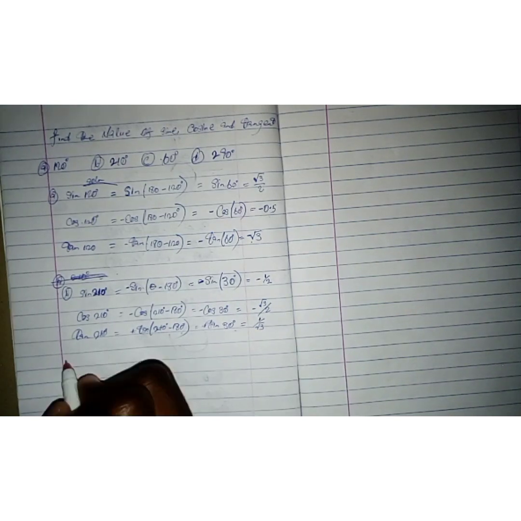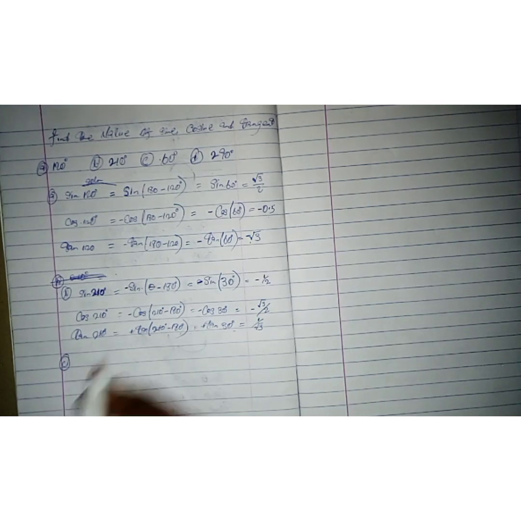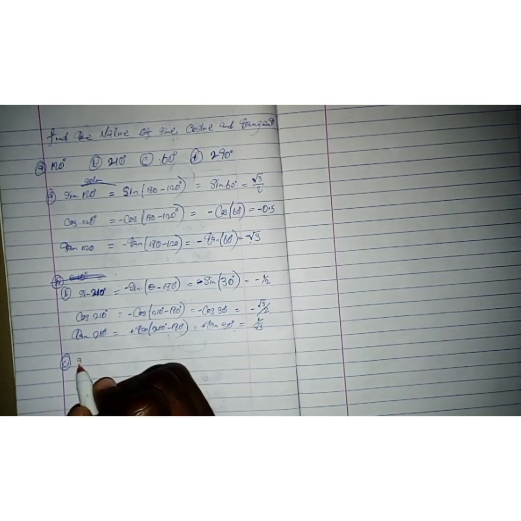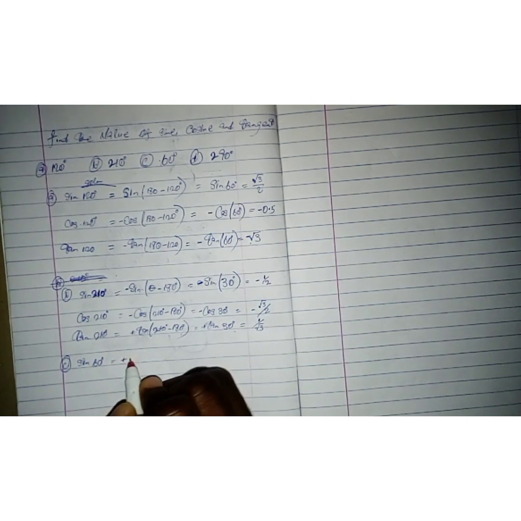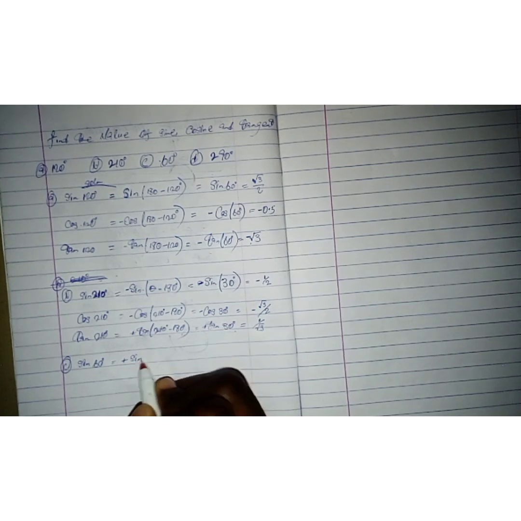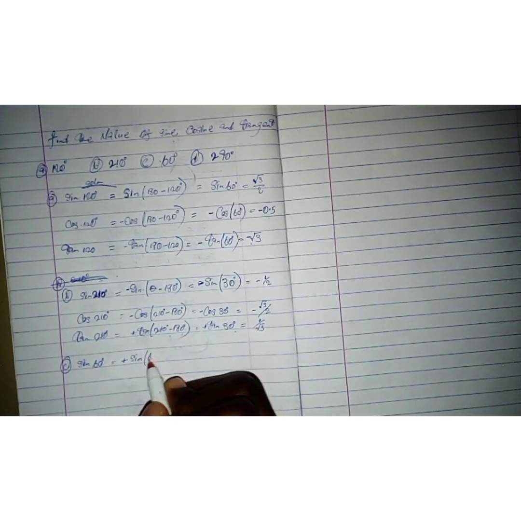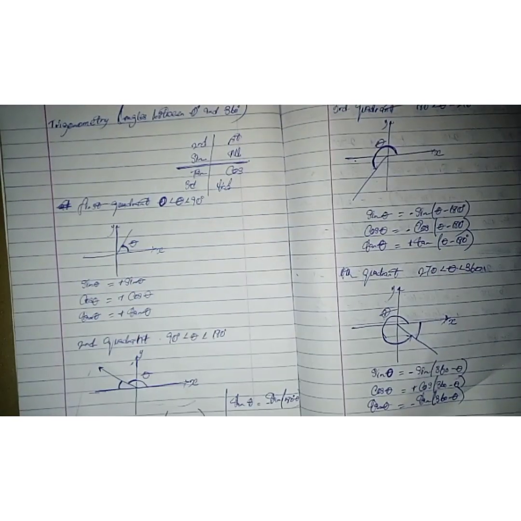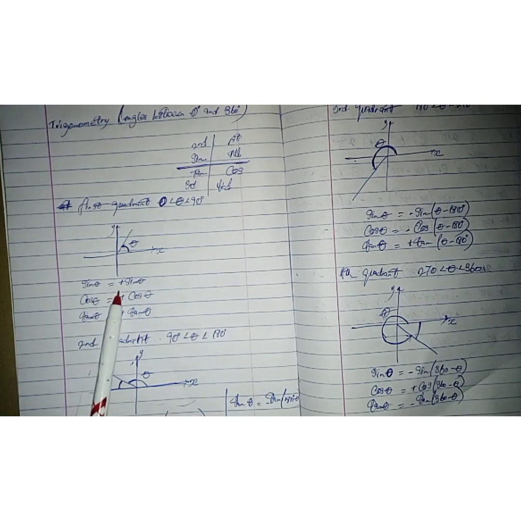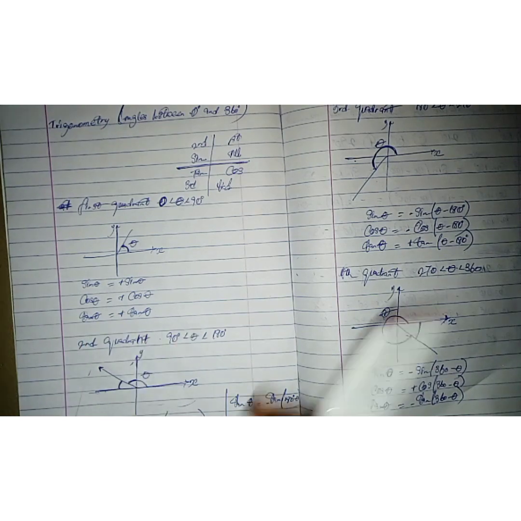While for C, which is at the first quadrant, we say sine 60 is positive sine 60 degrees. Yes, we don't minus it. Sine theta is positive sine theta, cos theta is positive cos theta, tan theta is positive tan theta.